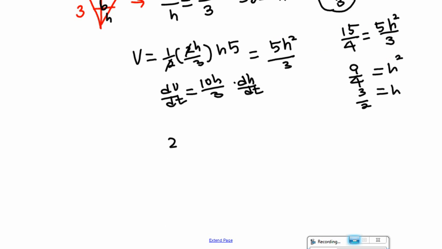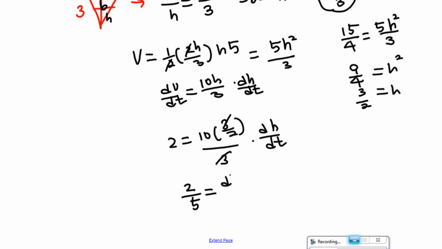Here 2 is equal to 10 times (3/2)/3, multiplied by dh/dt. Then here, we get to realize 3 cancels out, and this becomes 2/5 equal to dh/dt. So therefore, the answer becomes 2/5 feet per minute.